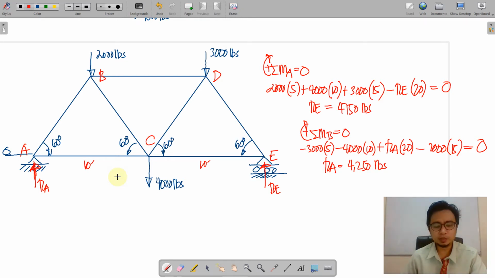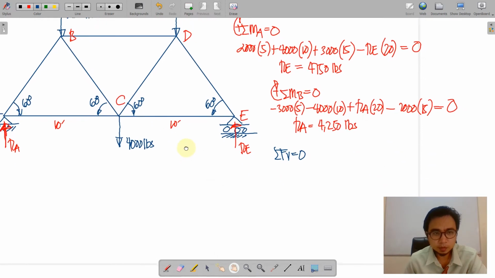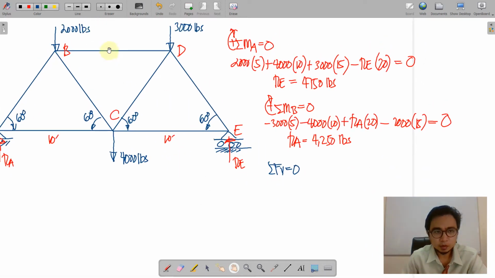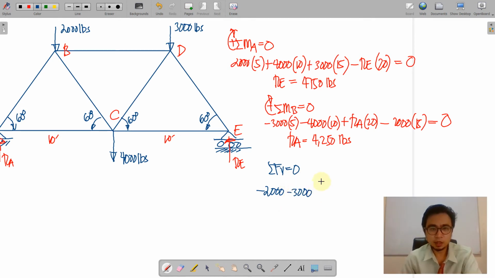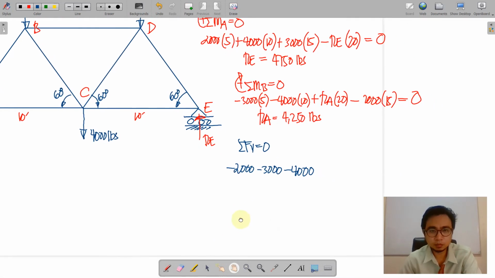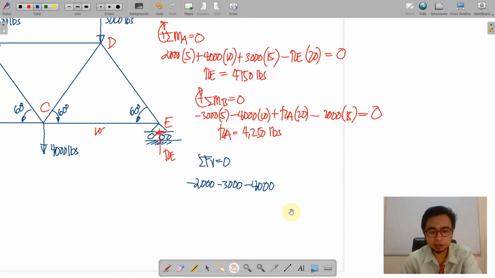We can do that by summing up forces vertical. We have downwards negative 2000, less 3000, another downwards negative 4000, then the upwards reactions 4750 and 4250, that shall be equal to 0.